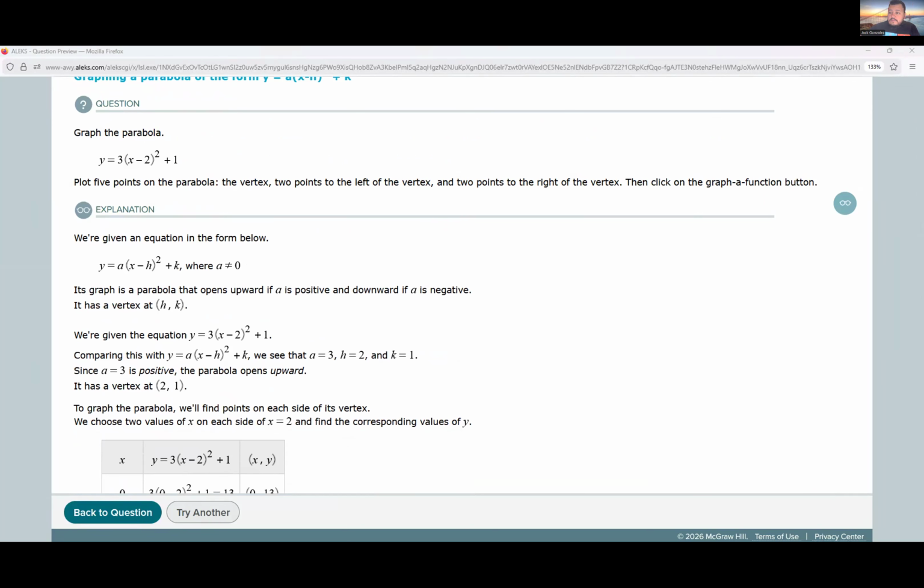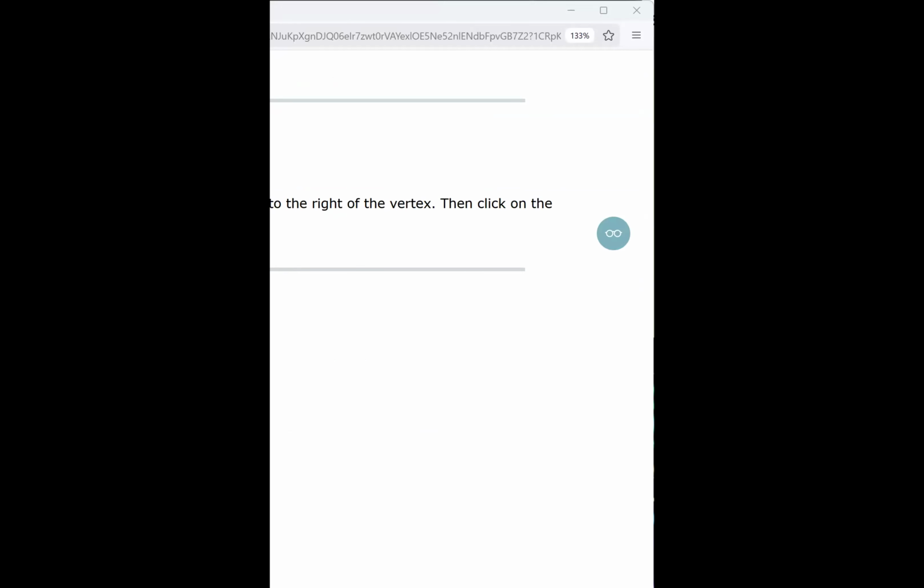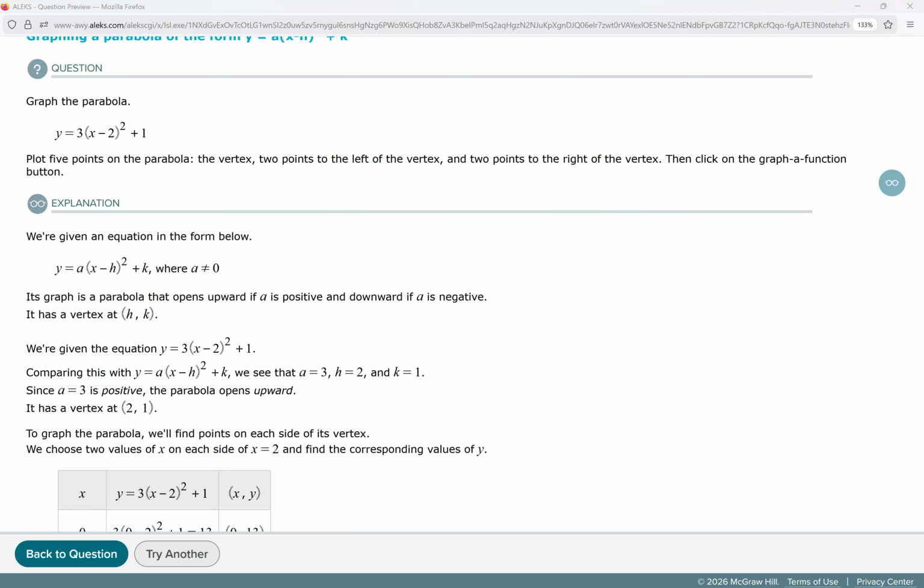Let me adjust my camera here. Oops. Where did my thing go?